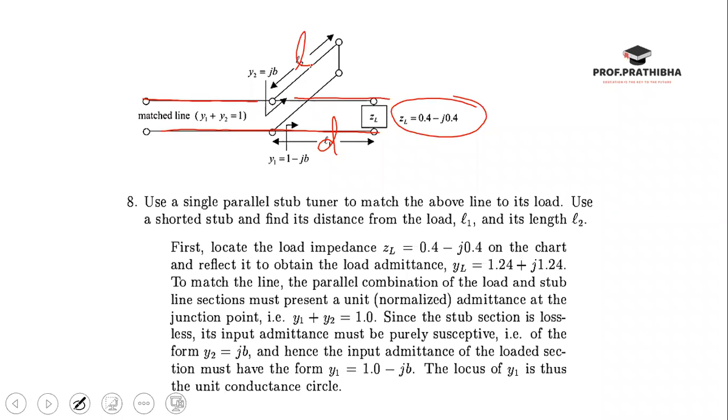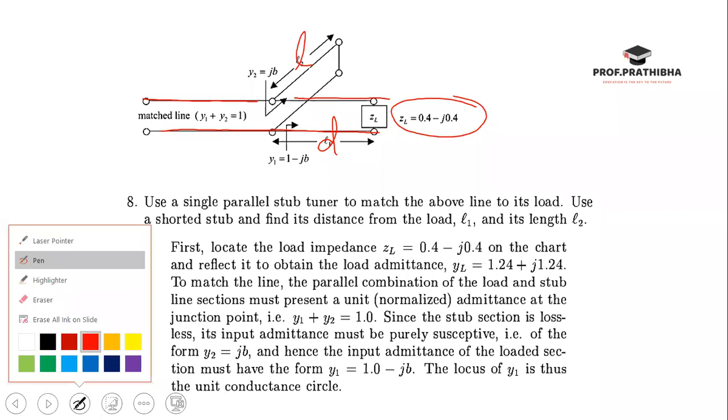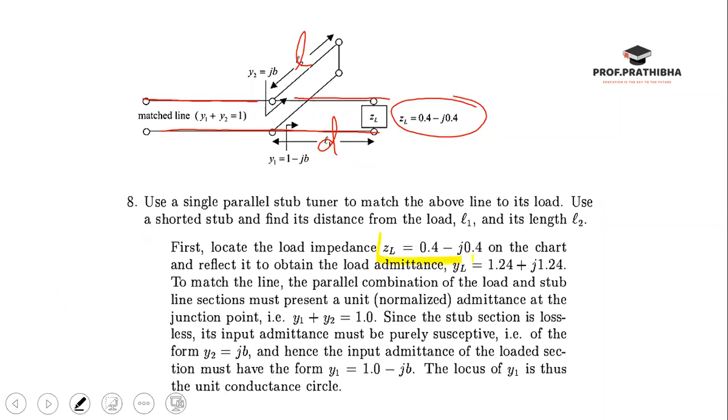On top of your Smith chart, please write this first: ZL is equal to 0.4 minus j 0.4. Any examiner looking at your Smith chart then knows that you know the process. Now, the first job is to locate this point on the Smith chart.